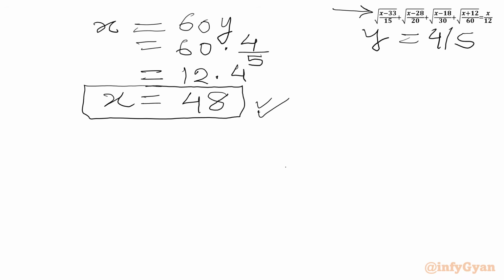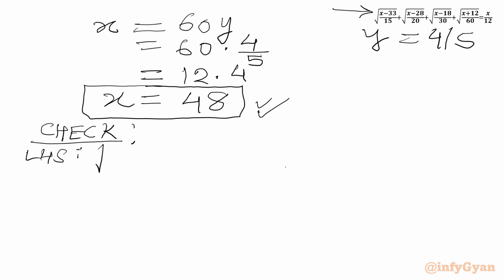Now we can cross-examine whether it will satisfy or not. So we have the equation over here, and we have only one solution, x equal to 48. Let's plug in x equal to 48 in the left hand side first.